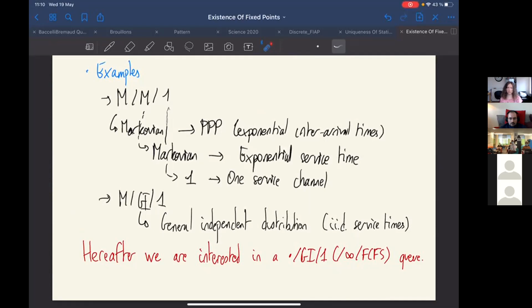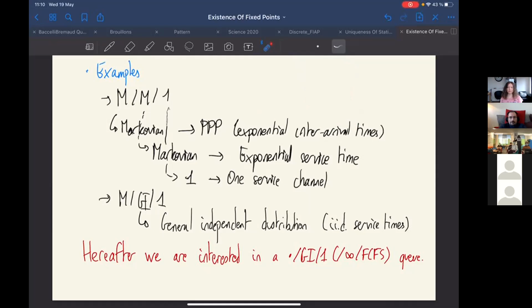The second M is the service times, so in the same sense, you have exponential service times for all the customers. And the 1 refers to the fact that there's one service channel. So the queues M/M/1, M/M/K, M/M/infinity are referred to as the exponential queues.